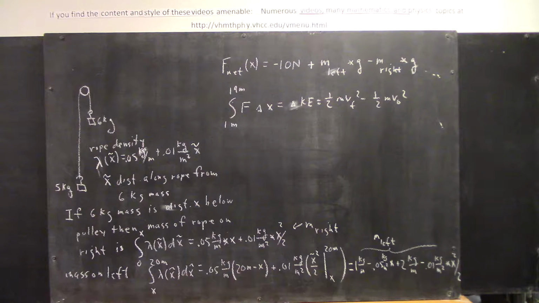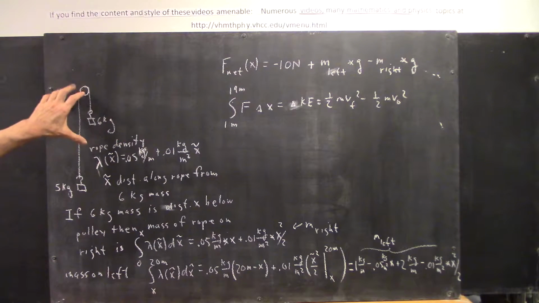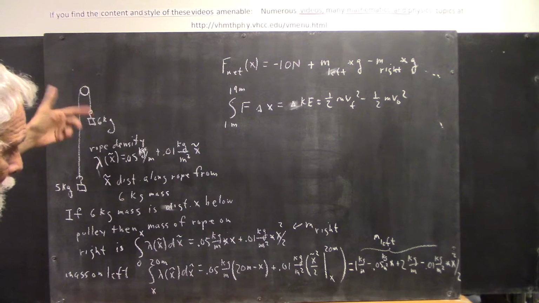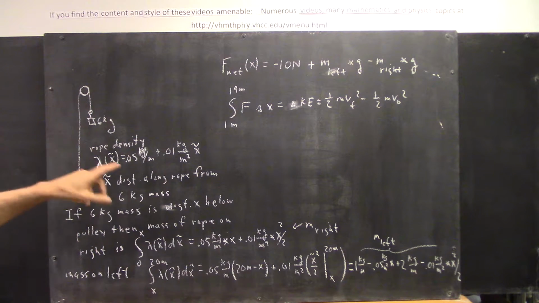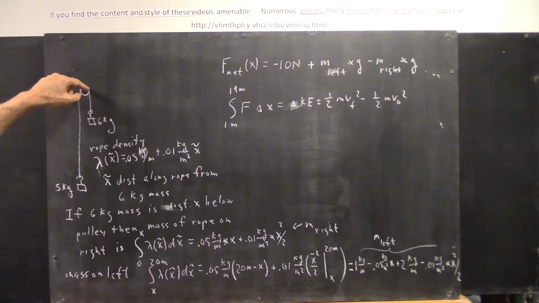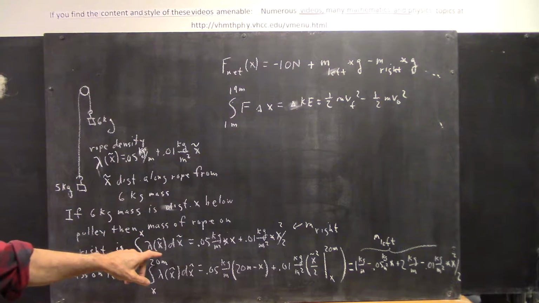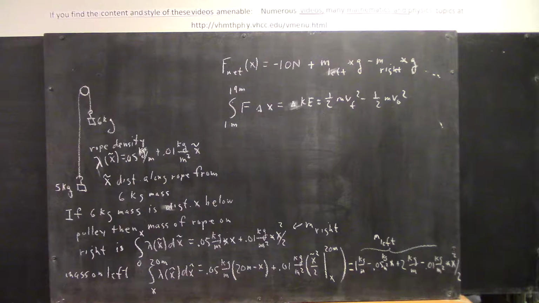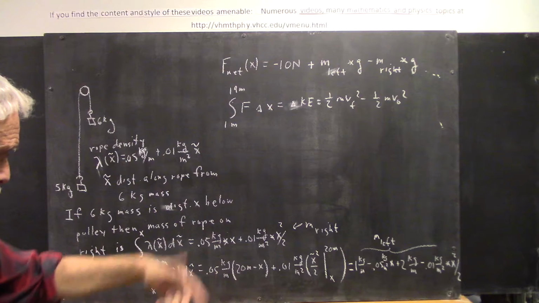So the mass of rope on the right is going to be the integral from 0 to x, because if you've got length x of rope over this side, then the rope from the 6 kilogram up to the position x will obey this density equation, and that's an easy integral to perform. And I didn't write out the details of the integration.